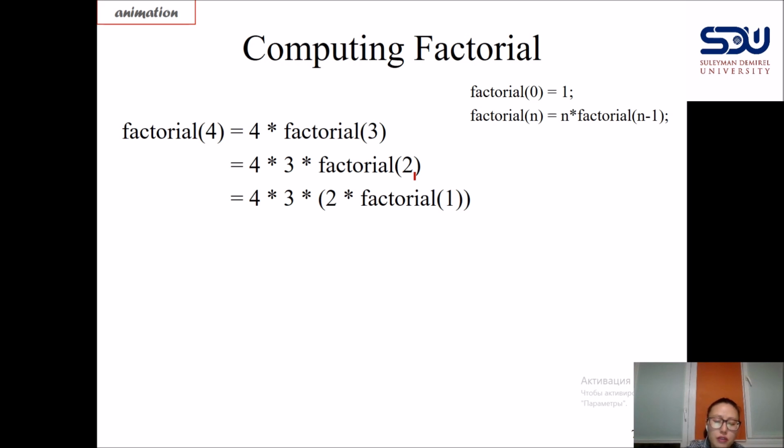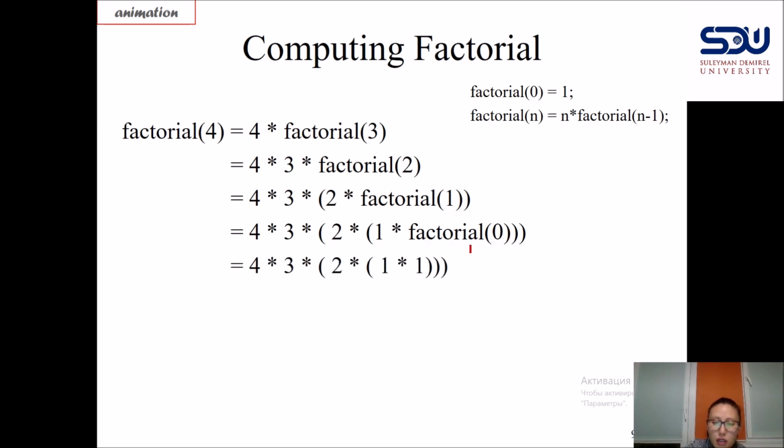Then we write 2 times factorial 1, and then 1 times factorial 0. As you can understand, this is the last thing in our operation, because after it the solution becomes easier, because here we will not have any functions.